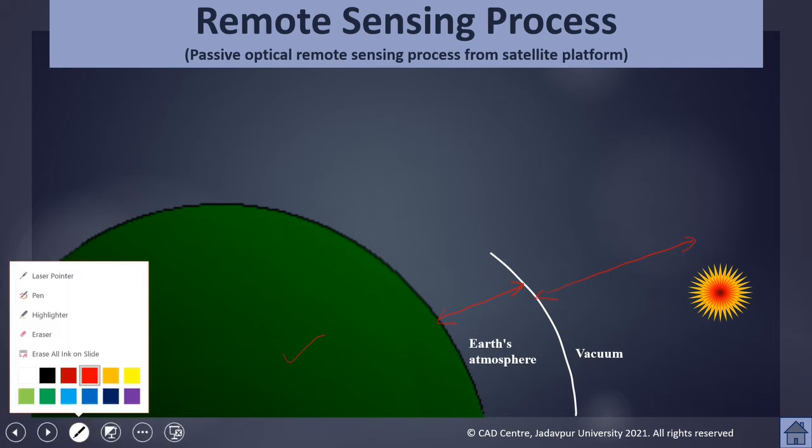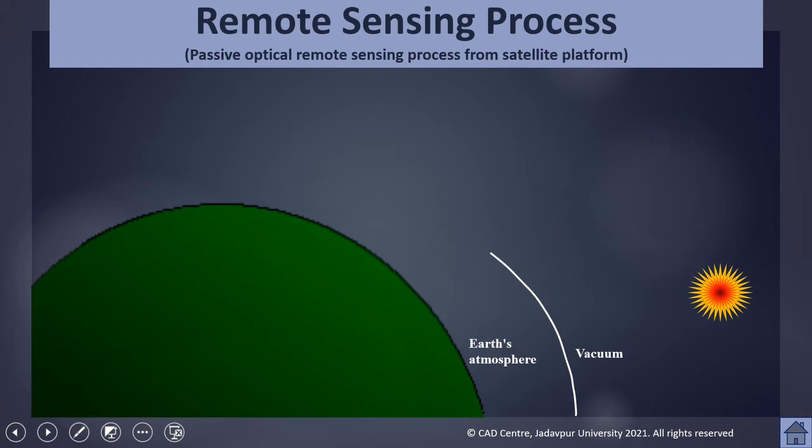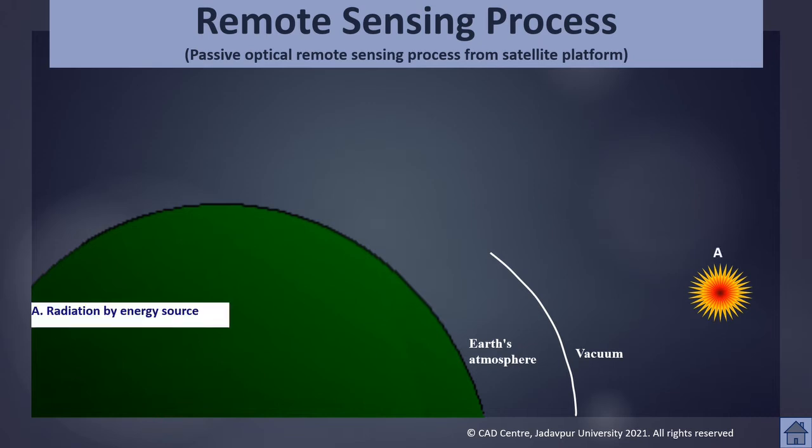Now, in the first stage of remote sensing process, the source of energy radiates the energy. So, the first step is radiation by the energy source. And after the radiation, this energy will pass through the vacuum, and when the energy passes through the vacuum, no interactions take place or no modification of the energy will take place.